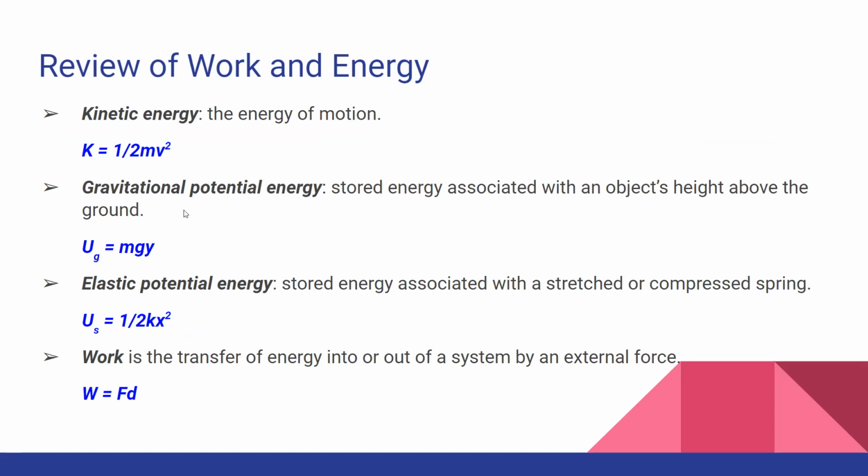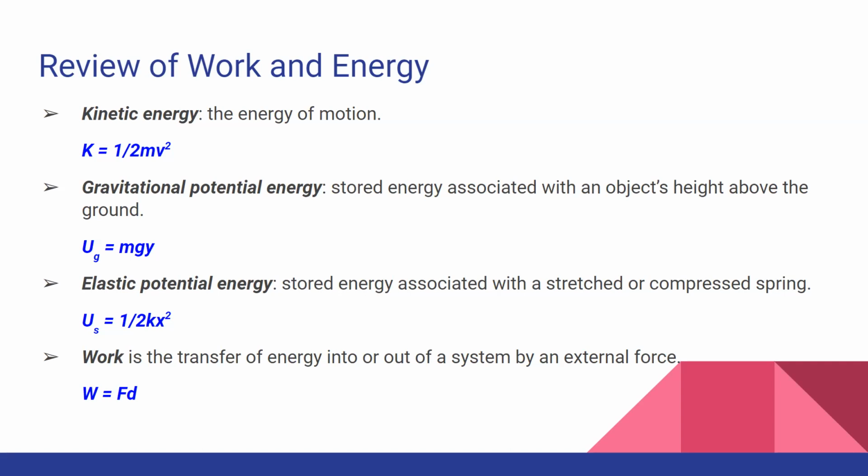Gravitational potential energy was the other type of potential energy that I referred to earlier, and this is stored energy that's associated with an object's height above the ground. When you place something above the ground, there's a force trying to pull it towards the center of the Earth, and this causes the object to have stored energy.